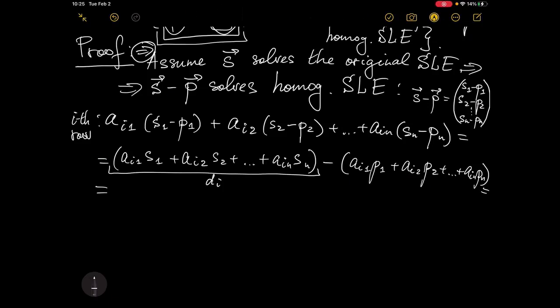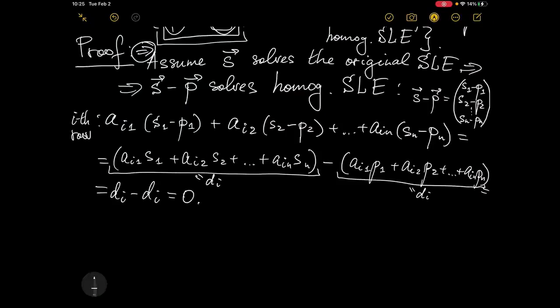But P is also a solution of the original system, so it also equals the corresponding right-hand side. So we have d_i minus d_i, which is equal to 0.